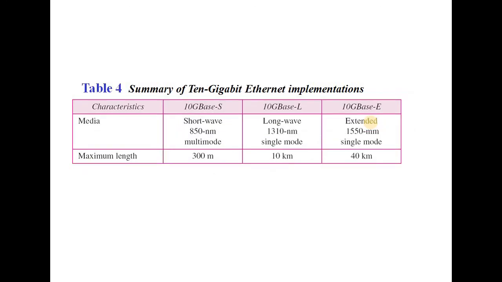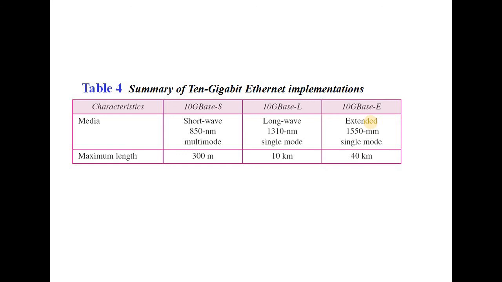The next one is 10 Gigabit Ethernet. 10 Gigabit Ethernet is an extension of Gigabit Ethernet, whereas Gigabit was sending 1 Gbps of data per second, here you are going to send 10 Gbps of data. This is the latest version that we use to send data across the network.